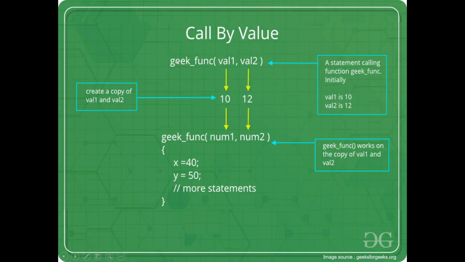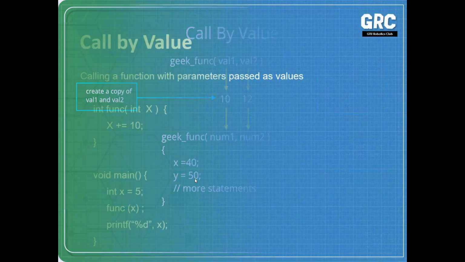Whenever the geek function is called, only the values of the parameters are passed. So 10 and 12 respectively will be stored in num1 and num2. And here we can see x is changed to 40 and y is changed to 50. Let's see how that affects the code.